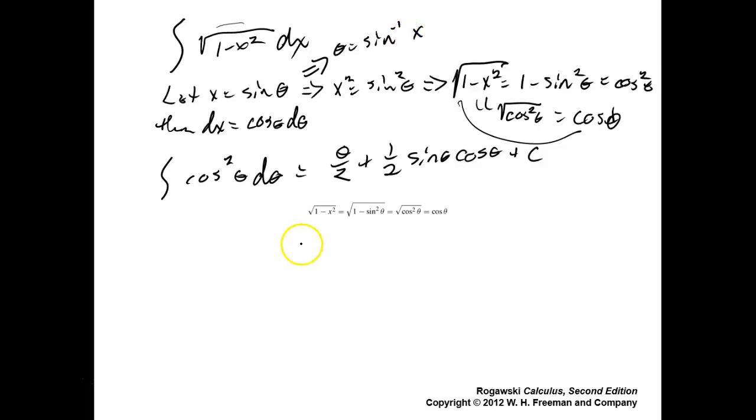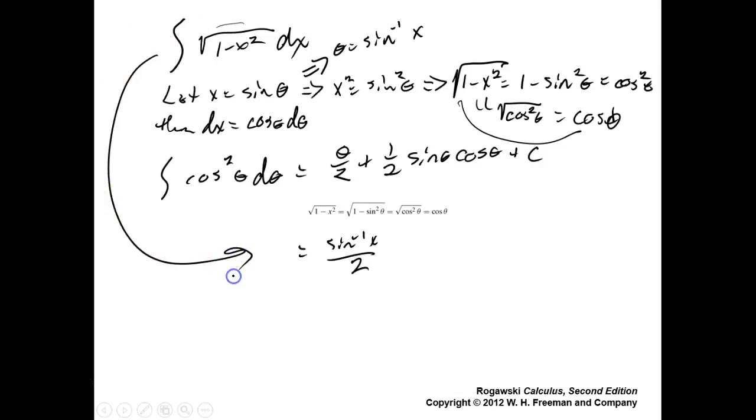Okay, so that would be easy enough to do. Inverse sine of x over 2, if you're getting back to x, that would be this, plus 1/2. Well, we know what sine theta is. What's that? It's x.